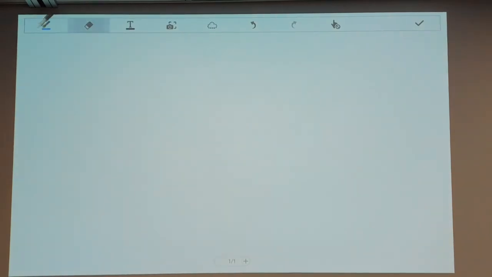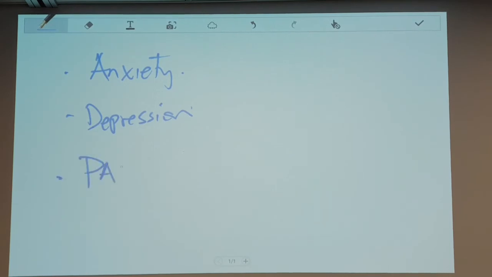There are many other types of examples. Anxiety is a type of centralized maladaptive response. Depression. Okay. And of course, pain, which is what we're focusing on here today.